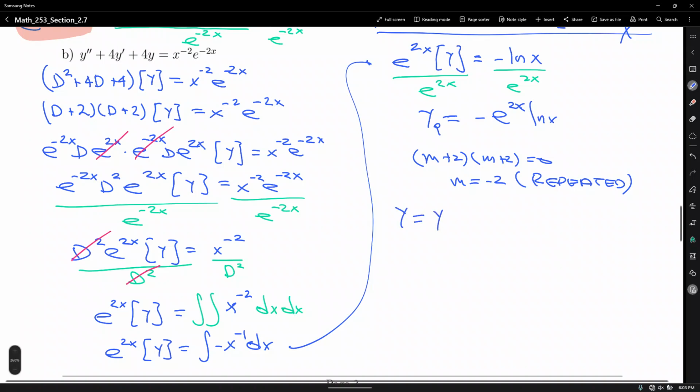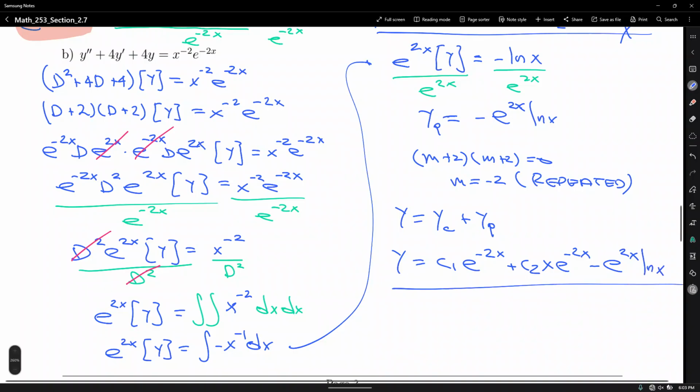Y equals y sub c, the complementary solution, which is the one related to the homogeneous equation, plus the particular solution, which is the one we just found in the previous few steps. Because we have a repeated solution, this is c1 e to the negative 2x plus c2 x e to the negative 2x minus e to the 2x ln of x.